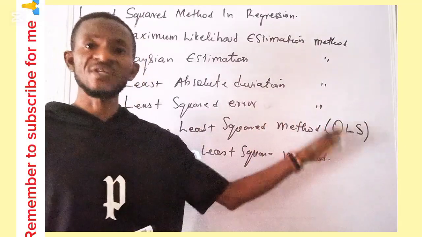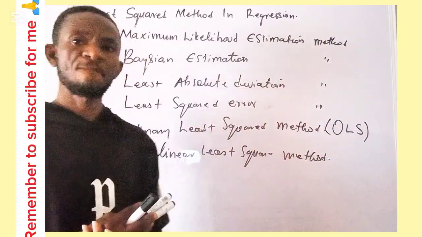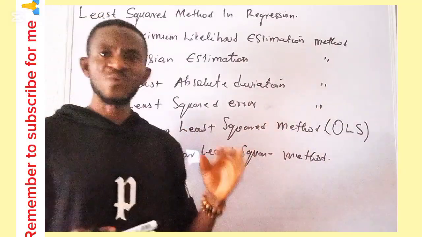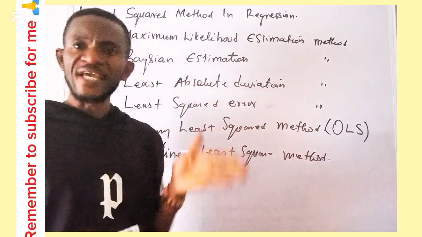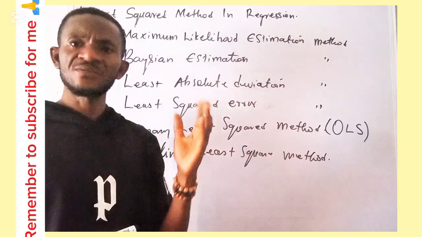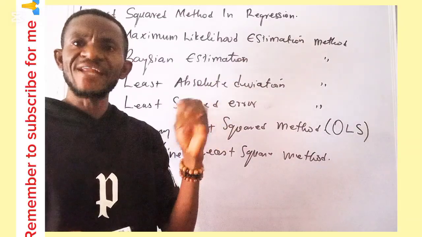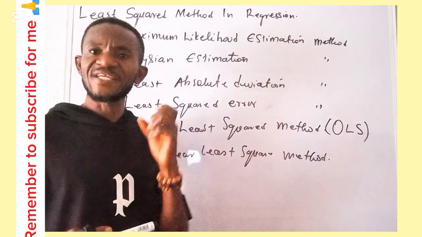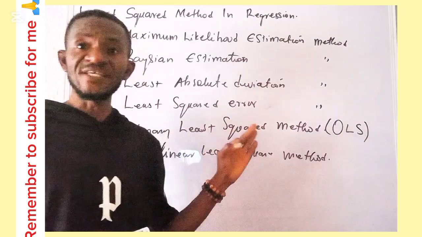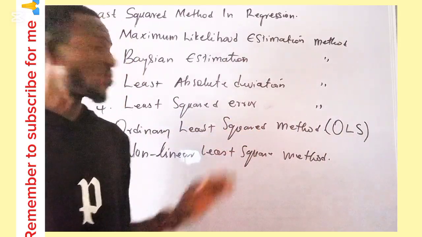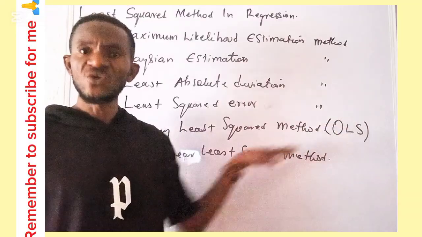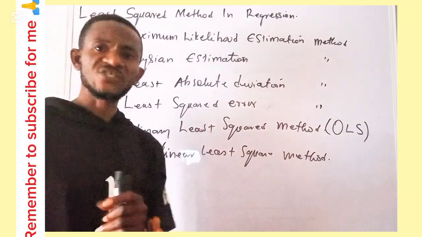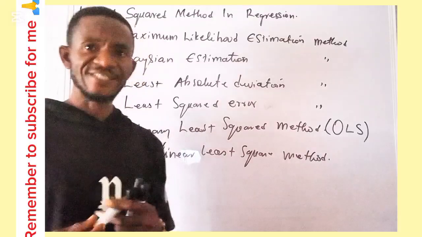When we are talking about ordinary least square method, we are concerned with a linear relationship between x and y, where x is the independent and y is the dependent variable. So OLS is concerned with linear regression, and that's where our discussion this afternoon is going to be centered.